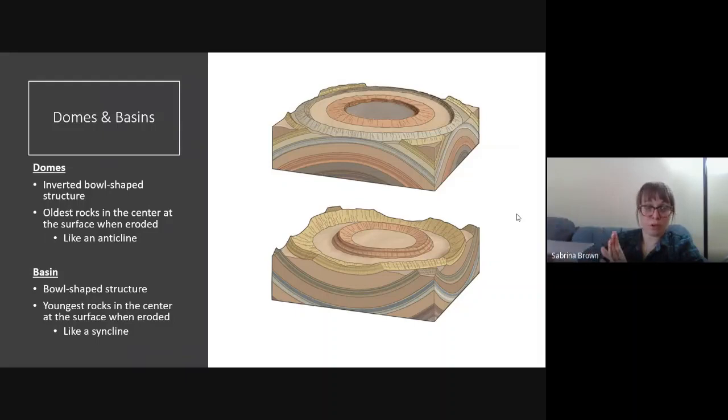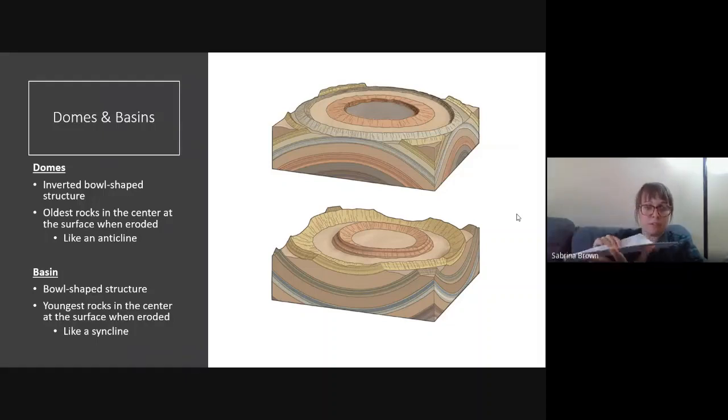And so domes are similar to anticlines, where we get this bowl shape instead of an arch shape. Think about, we take a bowl, we put our bowl upside down on the table. Our oldest rocks are going to be in the center of that. Youngest rocks are going to be on the outside.